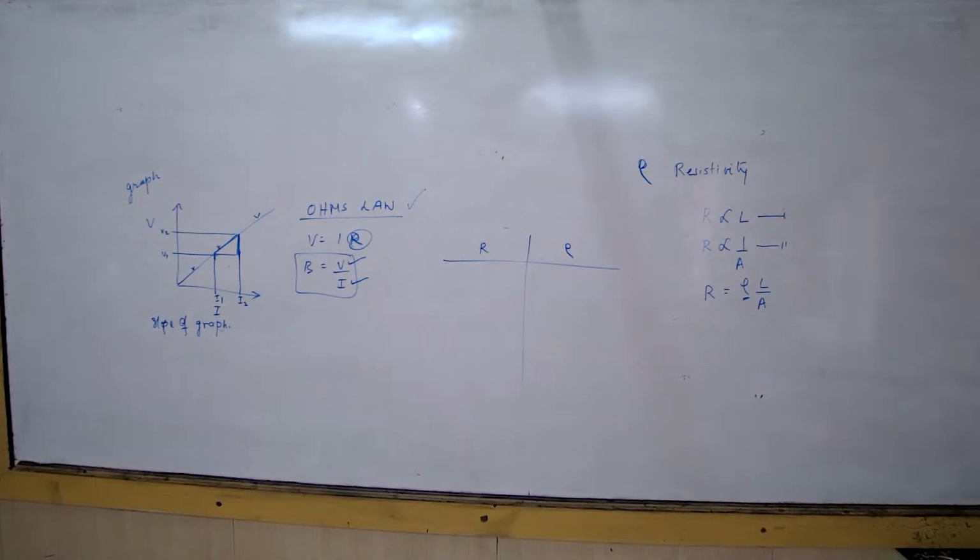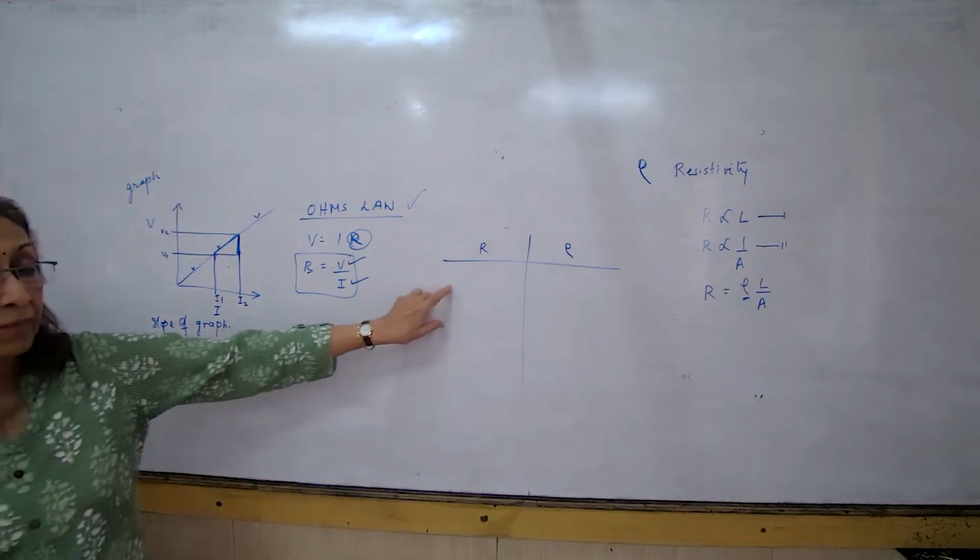How can we actually define what is resistance? You remember what I told you? Suppose there is a tube and there are stones which are put inside. So it is the resistance or the opposition which is offered by the resistor to the flow of electrons. Take the resistance. First point.